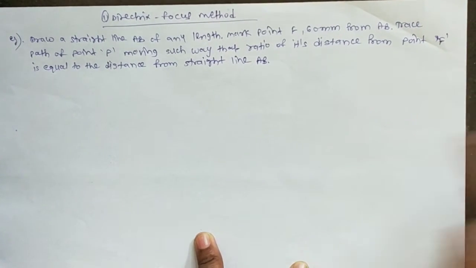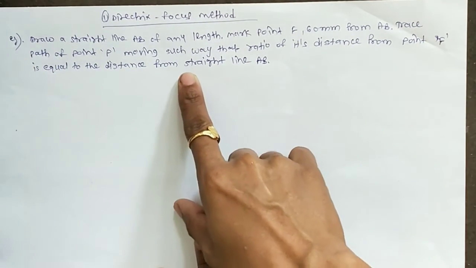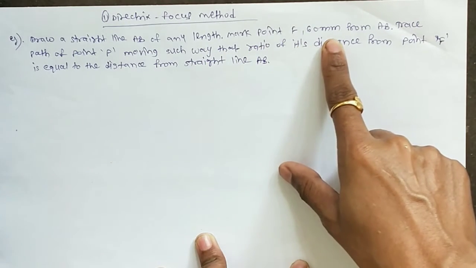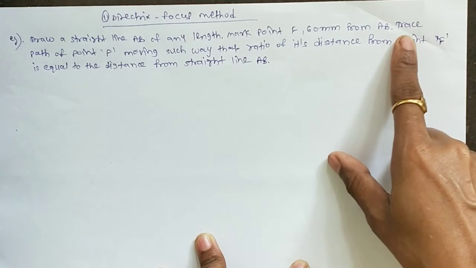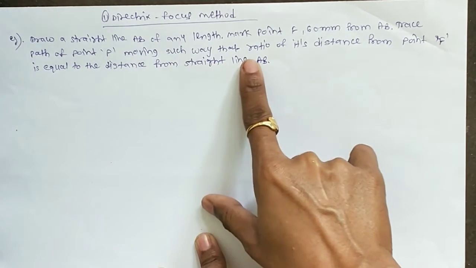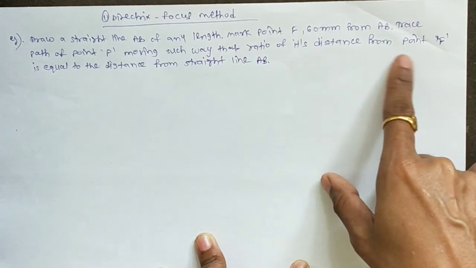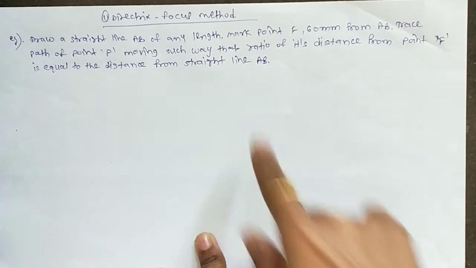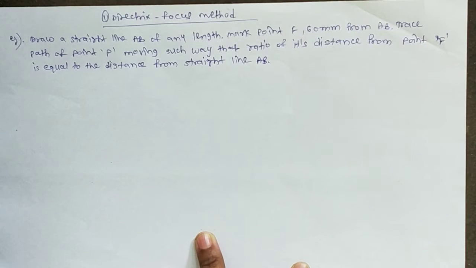So let us take example. Draw a straight line AB of any length. Then mark point F 60 mm from AB. Trace path of point P moving such a way that ratio of its distance from point F is equal to the distance from straight line AB.